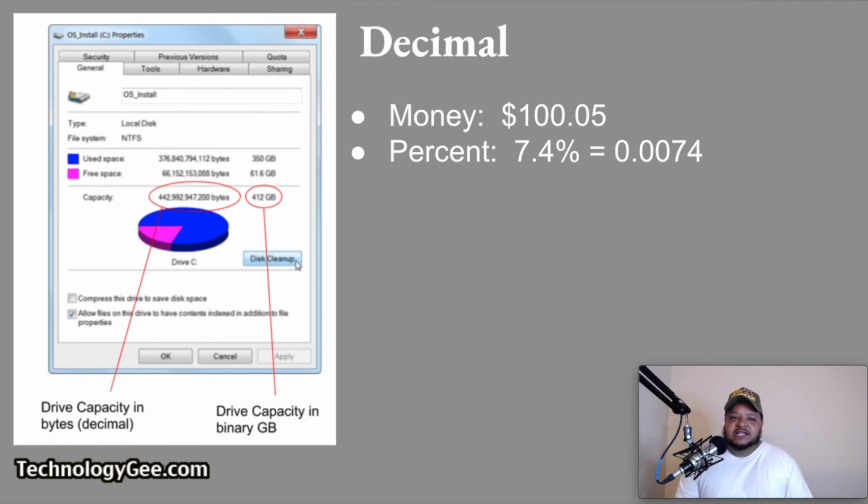The other one shows you the drive capacity in binary, written out in its gigabit form. So basically decimals are everywhere, ladies and gentlemen. Decimals are everywhere.